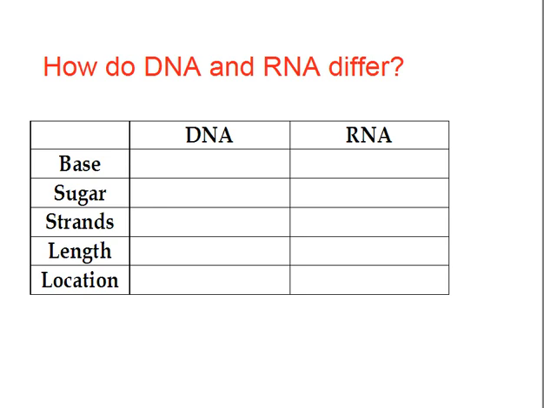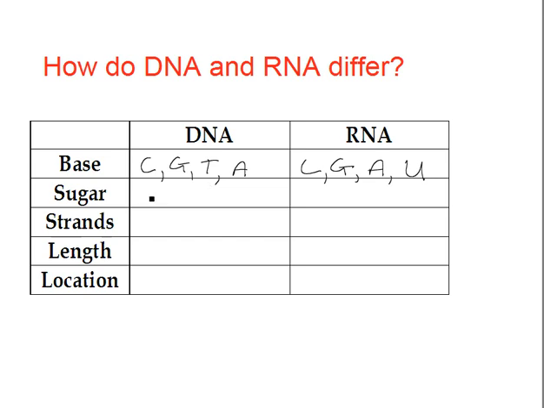All right, let me wrap up part one of this lecture with a quick summary of the differences between DNA and RNA. In DNA, the nitrogenous bases present in the nucleotides include cytosine, guanine, thymine, and adenine. Whereas in RNA, we still have cytosine, guanine, and adenine, but we have uracil instead of thymine.